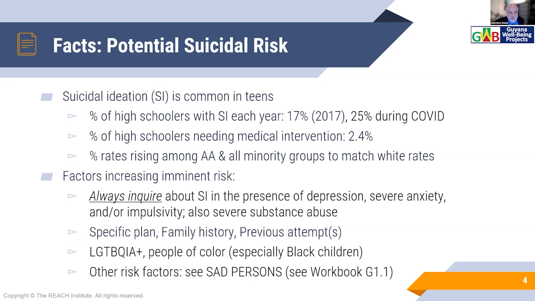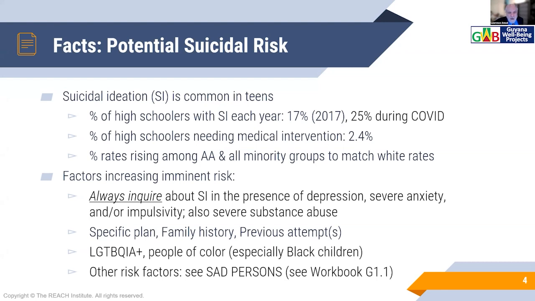So that's an important aspect. It is both a mind problem and a brain problem in the sense that there are biological aspects to suicidality, and that some of those biological aspects can be inherited. LGBTQ persons are at higher risk.